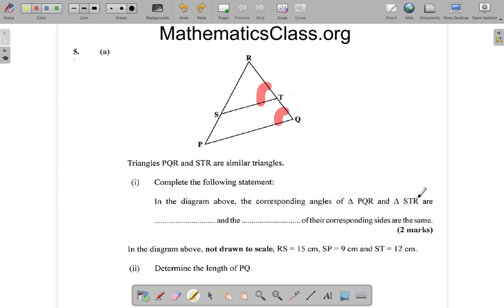If you remember about your similar triangles, you would say angle PQR and STR are equal. They are equal angles. They are corresponding angles as well. Saying that they're corresponding angles amounts to the same argument.